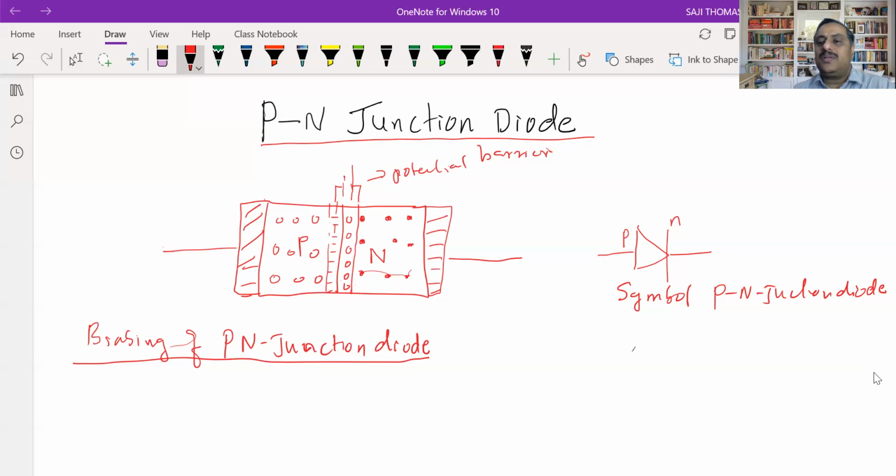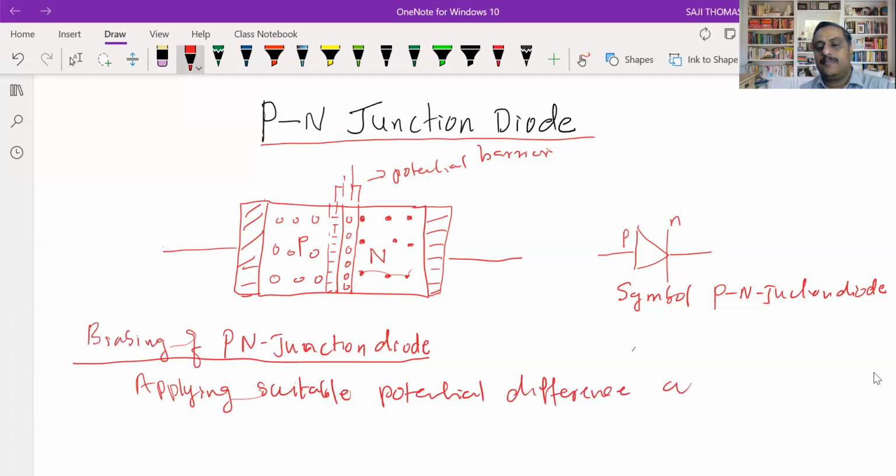Applying suitable potential difference across the diode is called biasing.